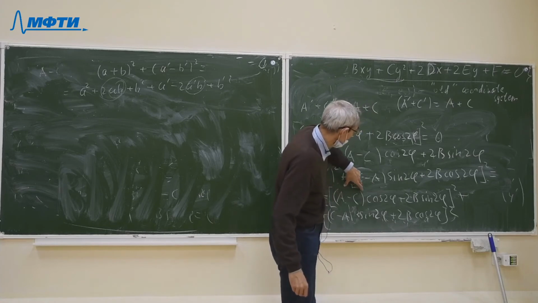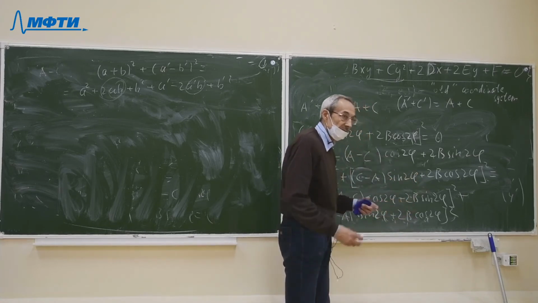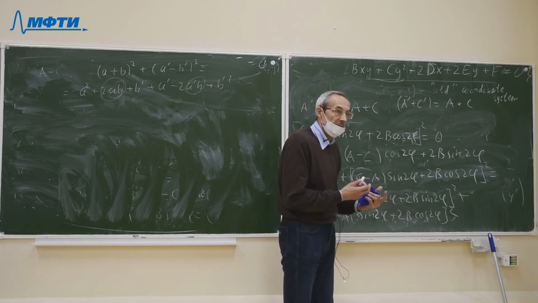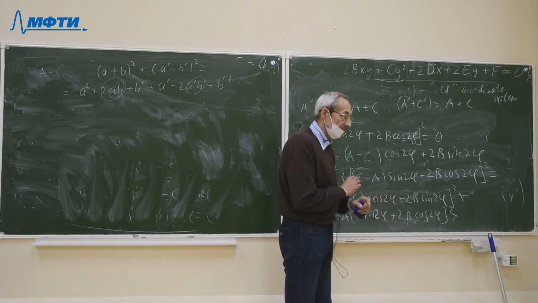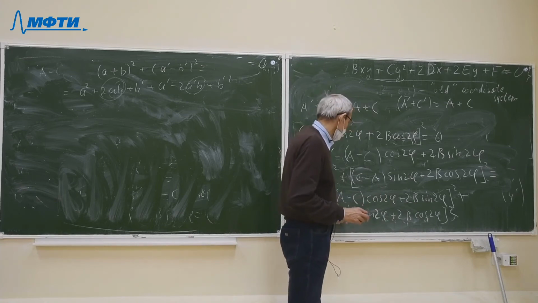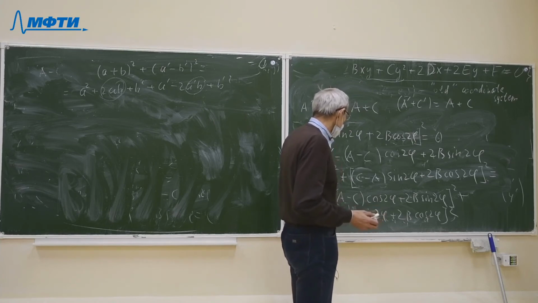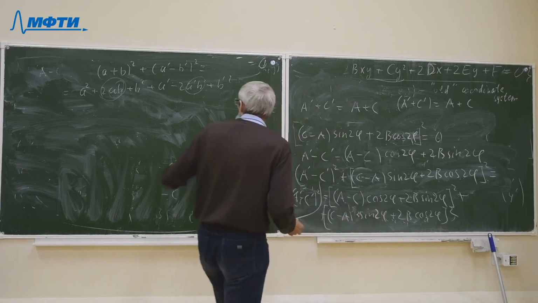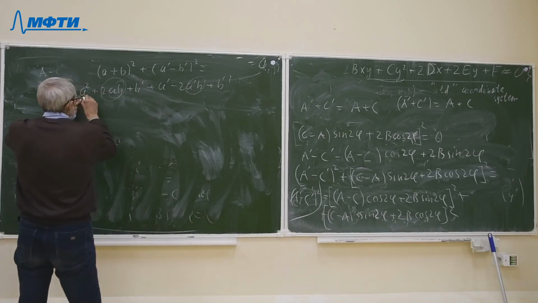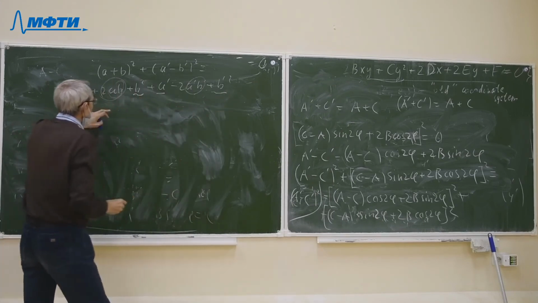We have the product, this term and this term, this term and this term, and this product has the opposite sign, and we can subtract. We have also the sum of this square and this square.